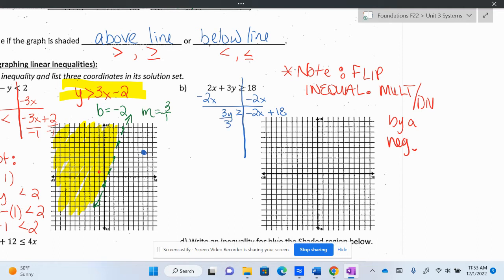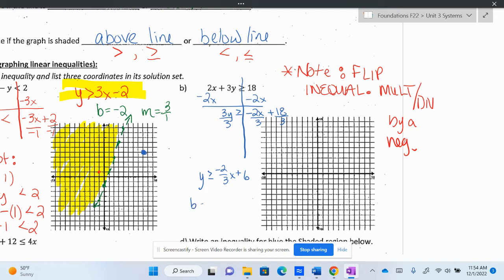Divide every single term by 3. So I'm going to kind of shift down here. So 3y divided by 3 gives me y greater than or equal to -2x divided by 3 is just -2/3 x. That represents my slope. And a +18 divided by 3 is 6.